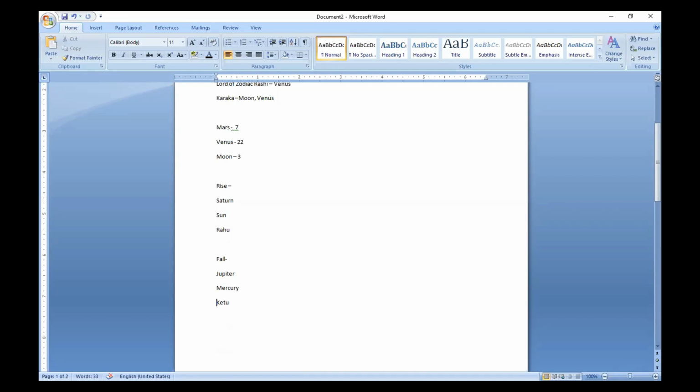These are the base. Now let's say we have removed Venus from the fall. If Venus has more influence of Jupiter, Mercury, Ketu, that will bring a fall in the prices. But that same Venus, if it goes with Saturn, Sun, and Rahu, can bring the rise. This is the whole concept.